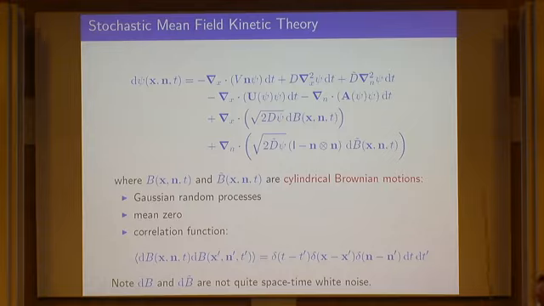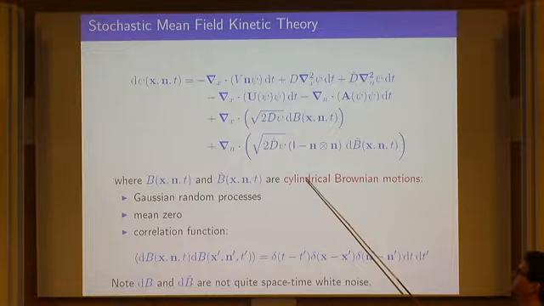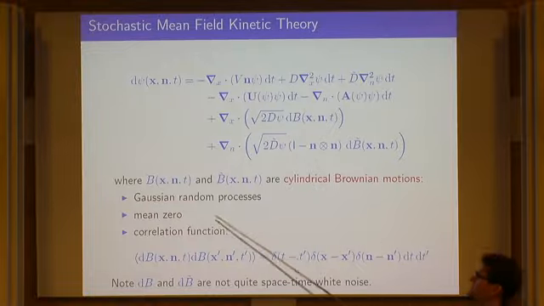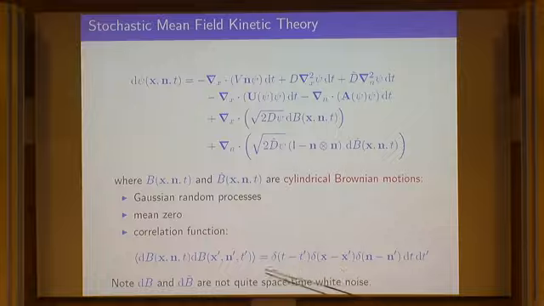And then it multiplies formal Gaussian processes, which, if I'm going to say in mathematically pompous language, are cylindrical Brownian motions, but I'm going to think about them in a more pedestrian way. So I'm not going to write down Q and all that type of thing. For the purposes of how we want to work with these, they are Gaussian random processes. They're mean zero, and for a physicist of the type that I understand, this is what the correlation function looks like.